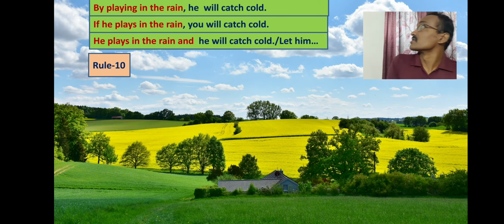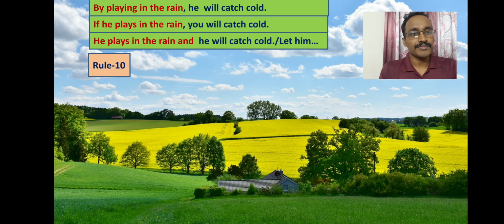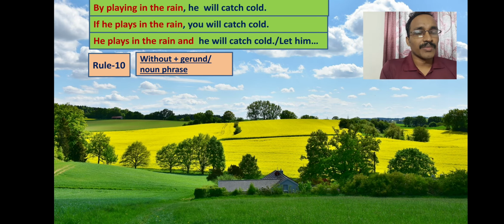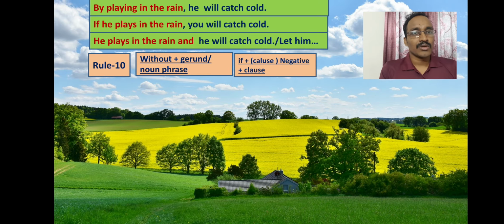Now let's discuss rule 10. Without plus gerund, similar to by plus gerund, and similarly we can see without plus gerund or a noun phrase. In this case we will use if, that is conditional of course, but the if clause will be negative.